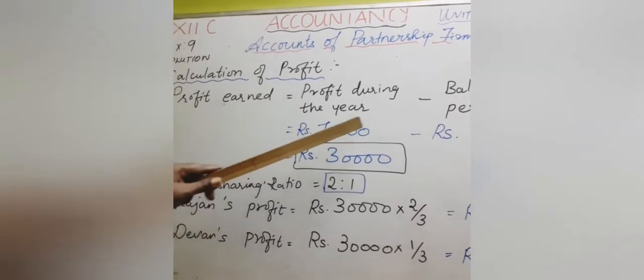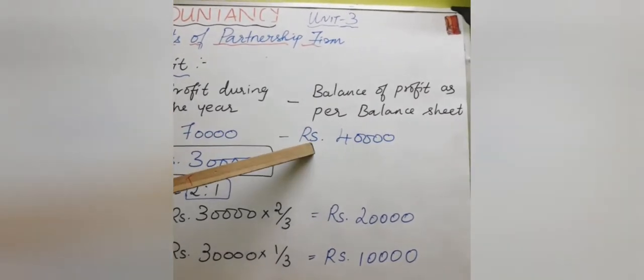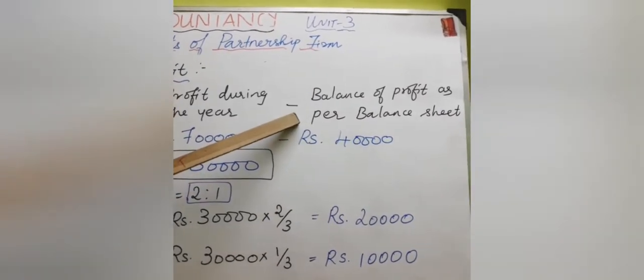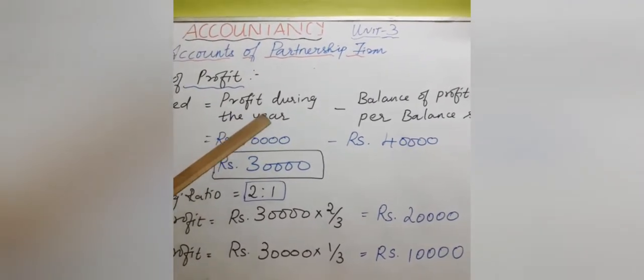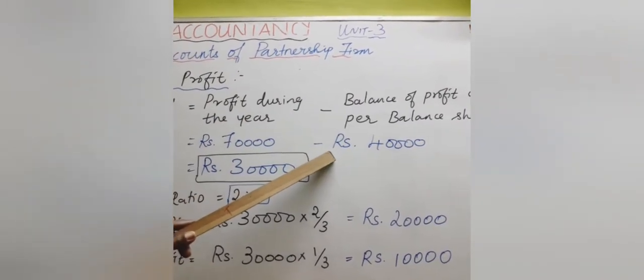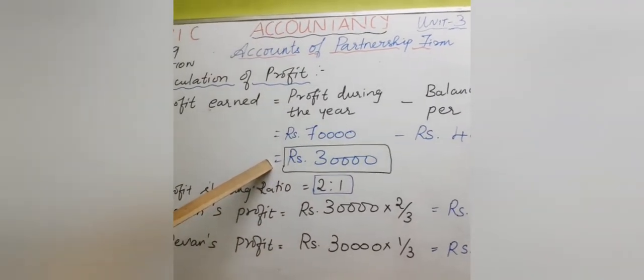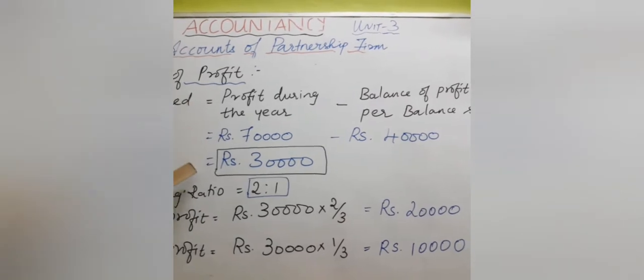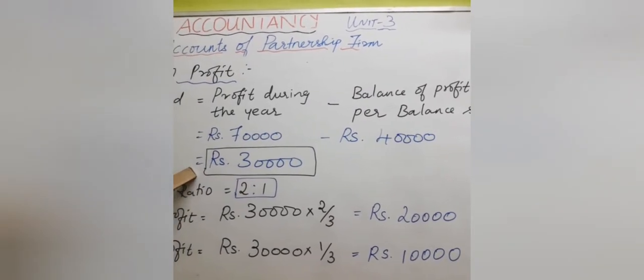In the balance sheet there is a profit of 40,000 as per profit and loss appropriation account. The difference of profit during the year and the profit and loss appropriation account will give you the profit earned during the year. So you have to apply this formula and find out the profit earned during the year.